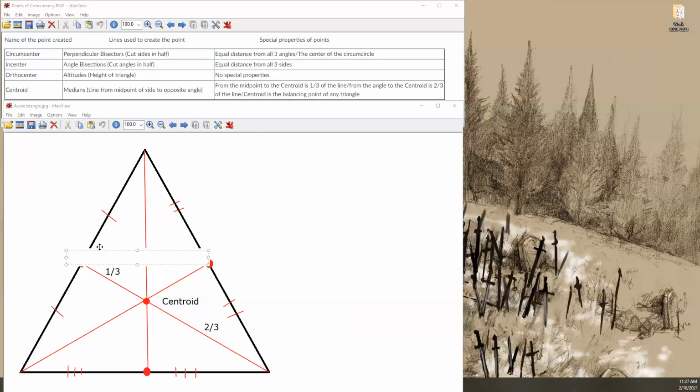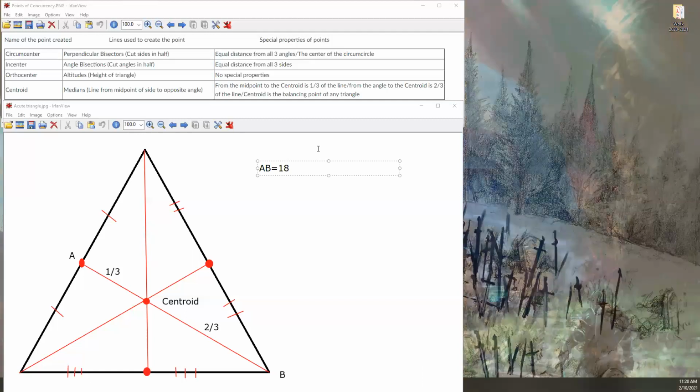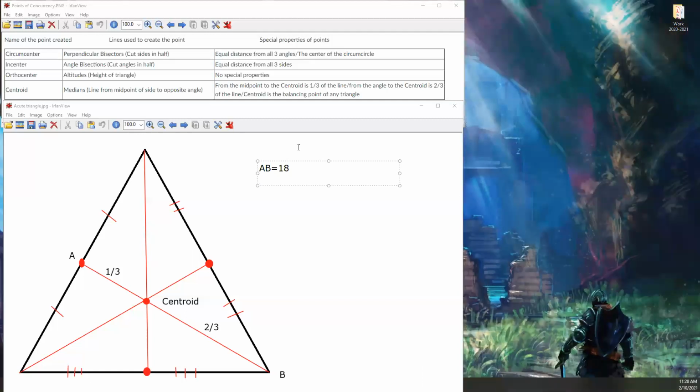So let me label this point as A. Why not? We'll label the point down here as B. So let's say the question is AB equals 18. Why not? Now I need to mark the centroid. Well, let's call it C, right?